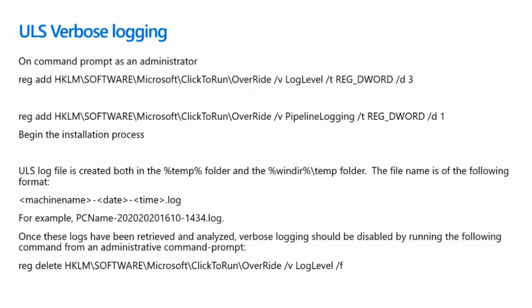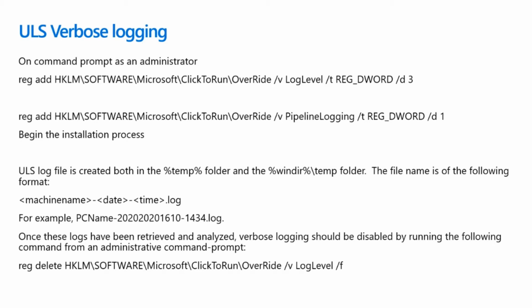Okay, and the next would be ULS verbose logging. When we troubleshoot Office issues, traditional log settings sometimes don't collect enough information. When we come across certain environments that have a complex deployment, it makes it difficult to troubleshoot with the default logging.